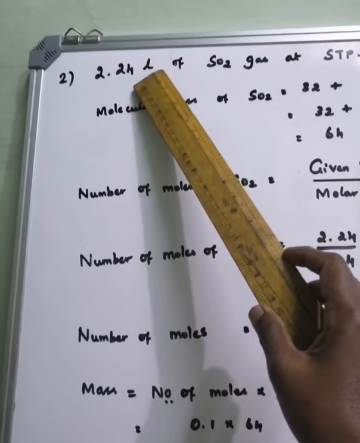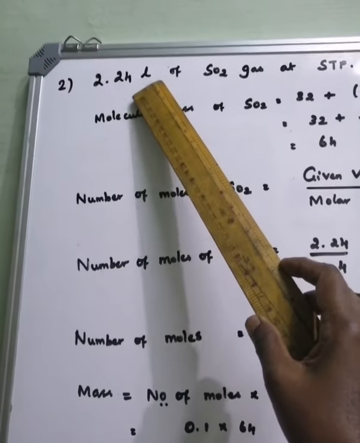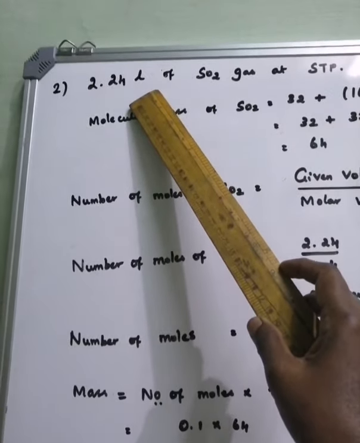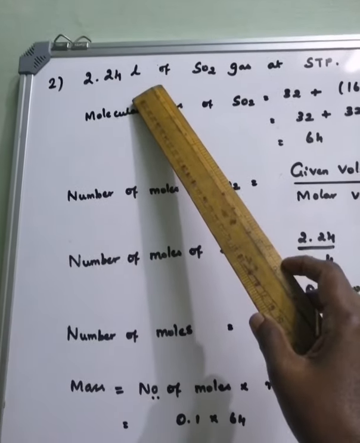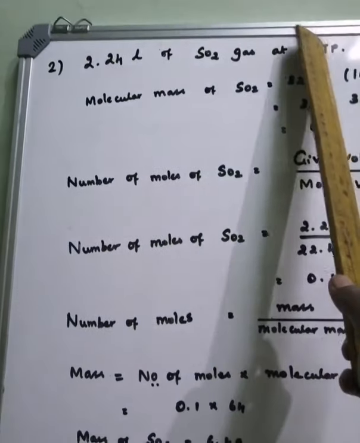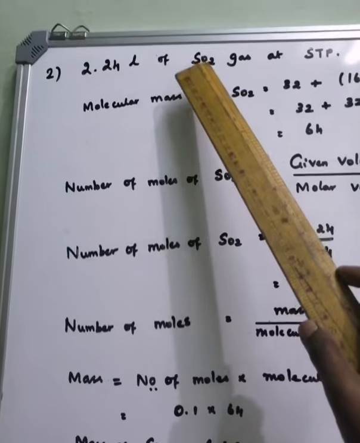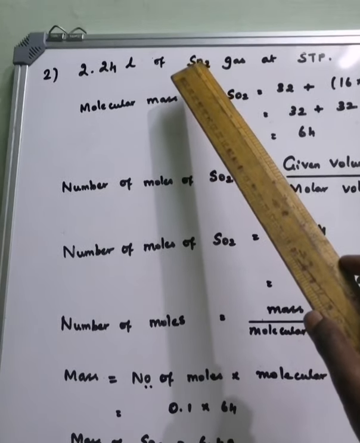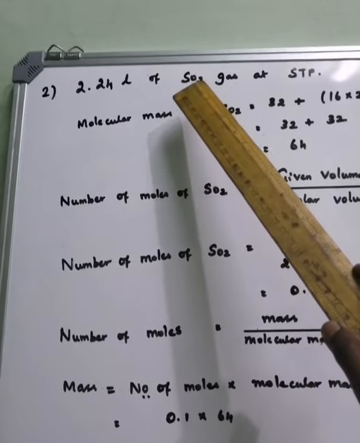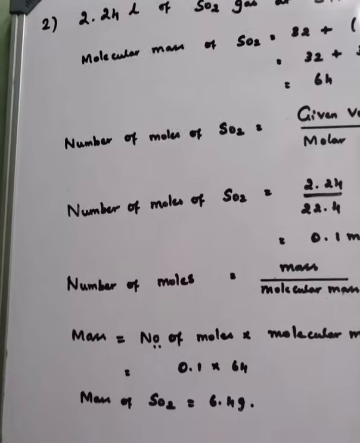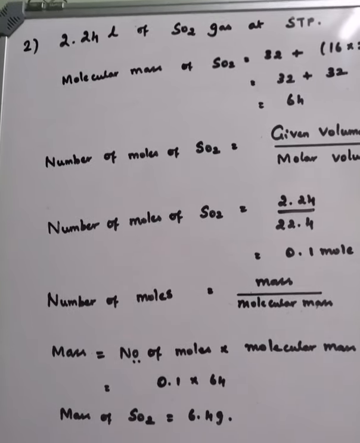You are supposed to find out the number of moles. In this problem, number of moles is not given. So, first step, we are going to find out number of moles and then we are going to substitute in the formula. For finding the number of moles, we need one more step.